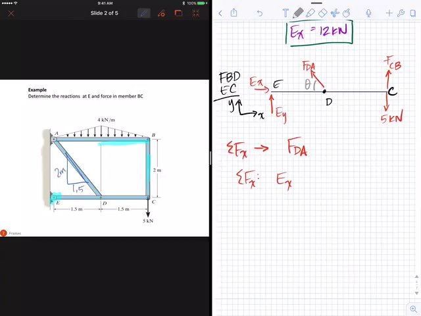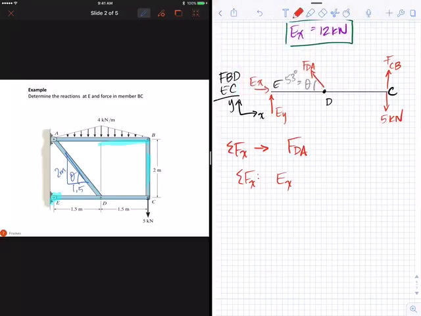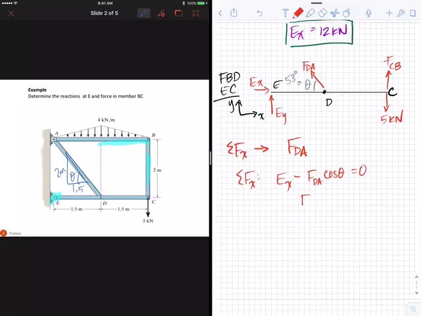What this theta ends up being is equal to 53 degrees. So now we can finish this. EX minus the X component of force FDA, so that's minus FDA cosine theta equals 0. Can solve for FDA. Should get 20 kilonewtons.